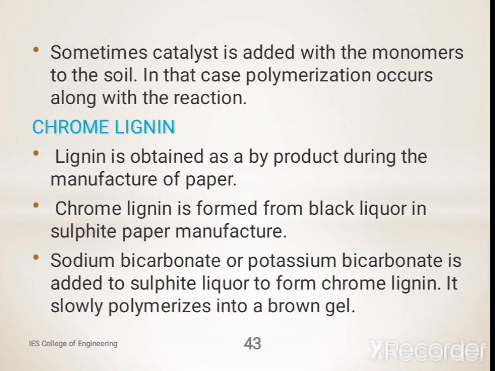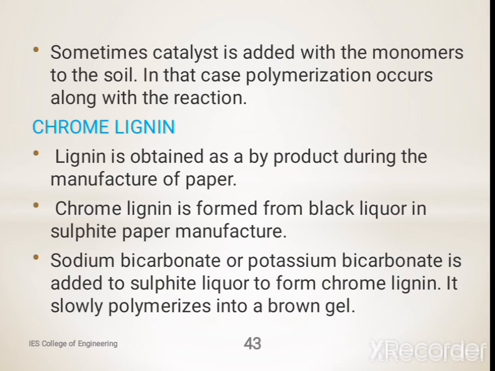The next is chrome lignin. Lignin is obtained as a byproduct during the manufacture of paper. Chrome lignin is formed from black liquor in sulfite paper manufacture. Sodium bichromate or potassium bichromate is added to sulfite liquor to form chrome lignin.